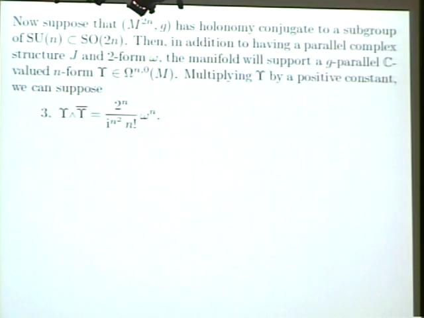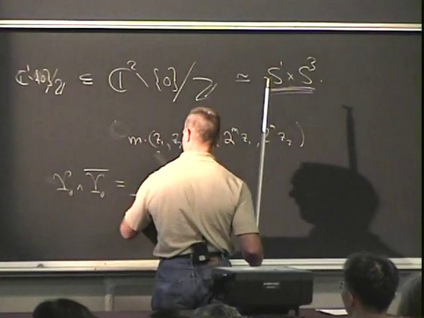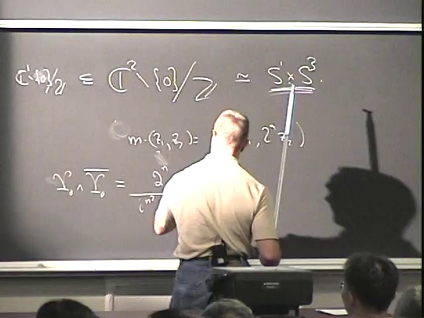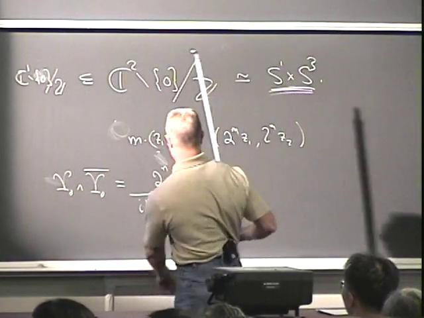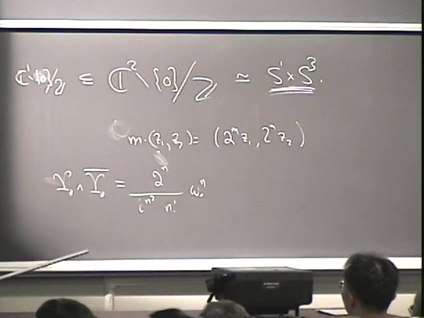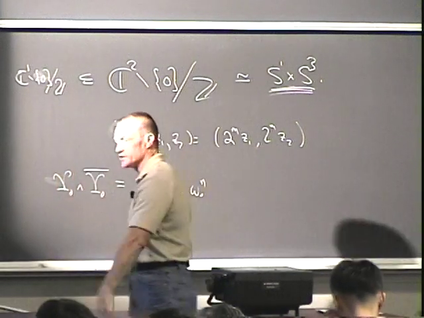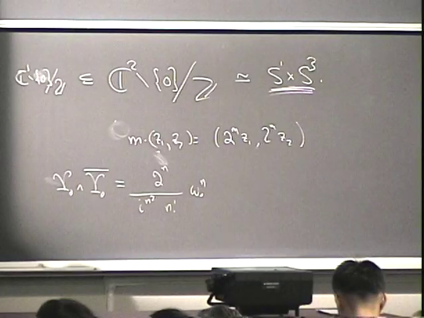And this multiple was chosen exactly because that's the multiple that works for omega naught and upsilon naught that I had to begin with. So you can always scale it that way. And of course, since it's G-parallel, it has to be closed, and it has to be co-closed, again, by the remarks I made yesterday.